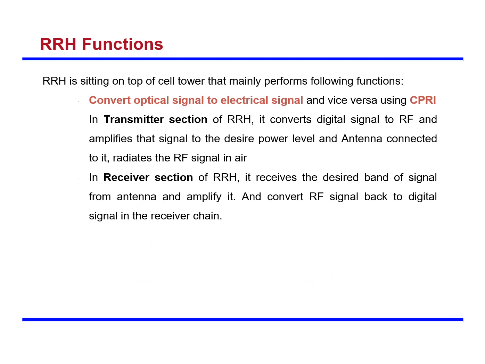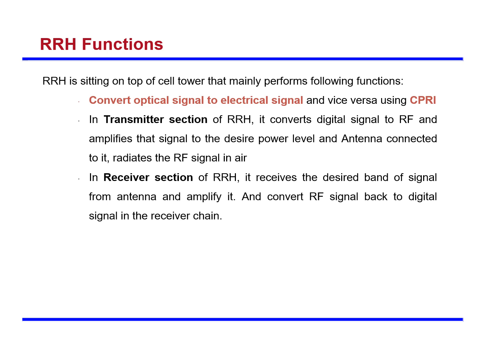RRH functions. The RRH sits on top of the cell tower and mainly performs the following functions: convert optical signal to electrical signal and vice versa using CPRI, that is Common Public Radio Interface.